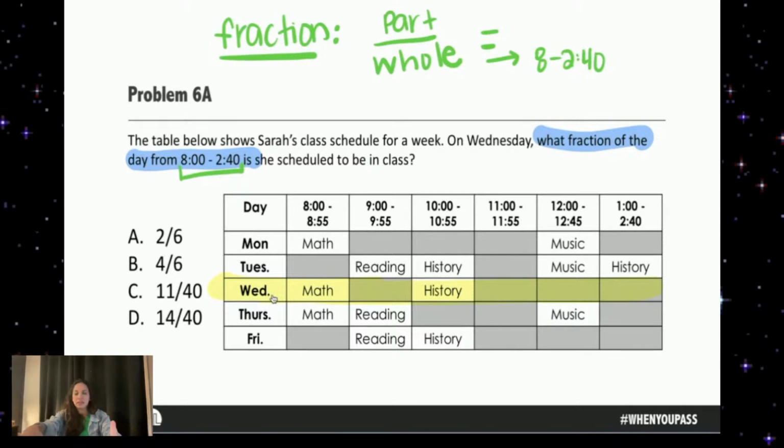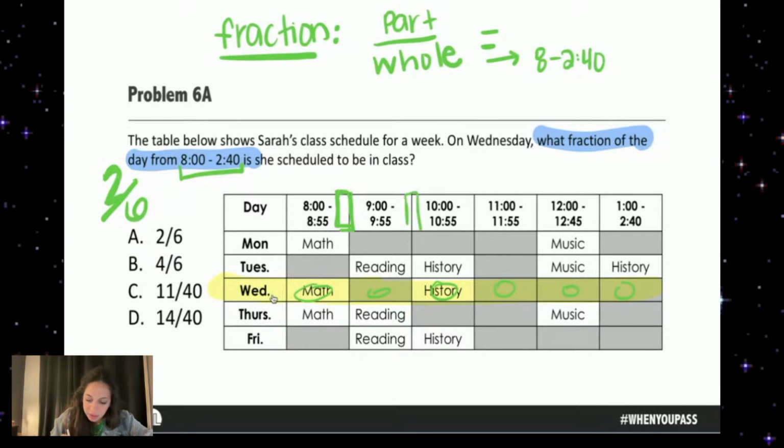The tempting thing to do is to count up blocks and figure out how many of those blocks she's in class. So she has 1, 2, 3, 4, 5, 6 blocks. And out of 6 blocks of her day, she's in class 2 out of 6. But I caution you on that, because when we look at this, there's a gap in her day right here. There's a 5-minute gap.